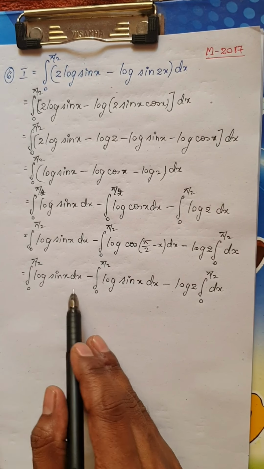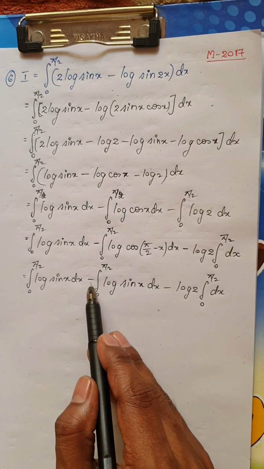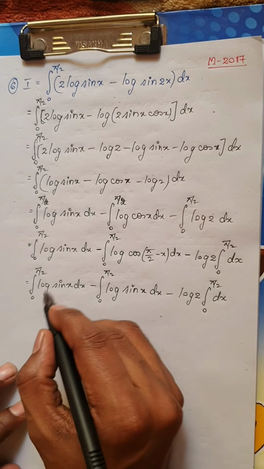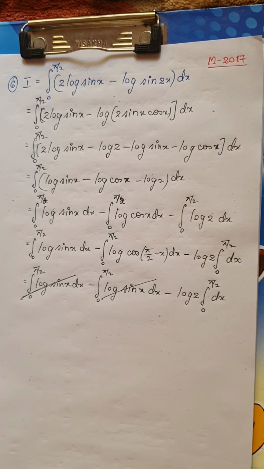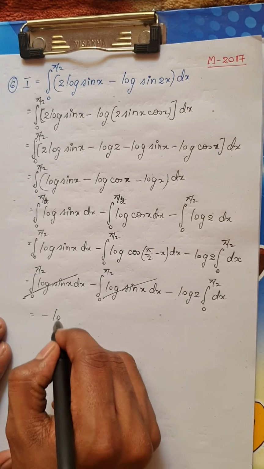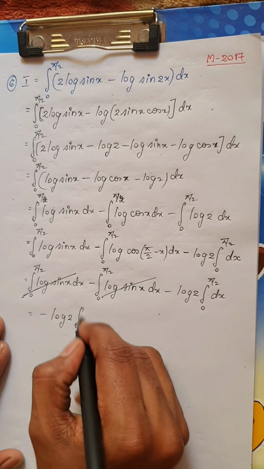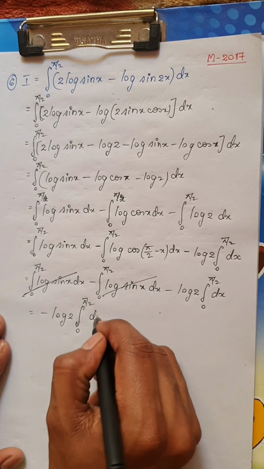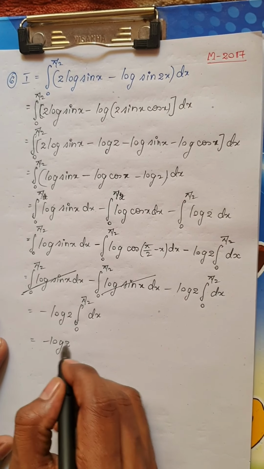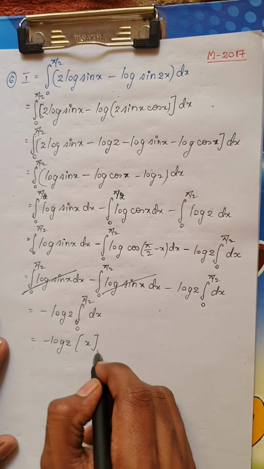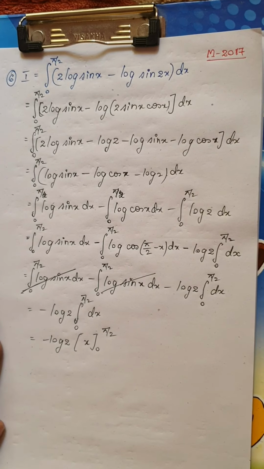Now you can look here, now I have 0 to pi by 2 log of sin x dx with plus, minus log of sin x dx, the same integral, this positive and negative integral both will get cancelled. I am just left over with minus of log 2 into integral between 0 to pi by 2 dx. Let me keep this log 2 which is constant as it is, integral of dx is nothing but x within the limits 0 to pi by 2.